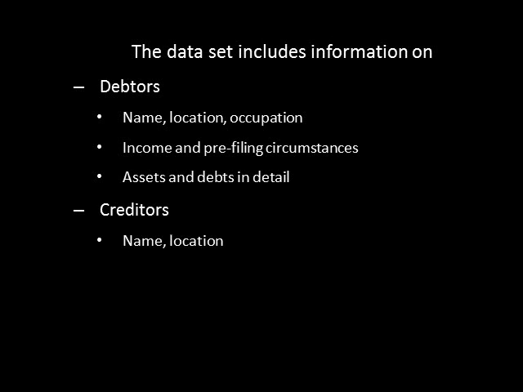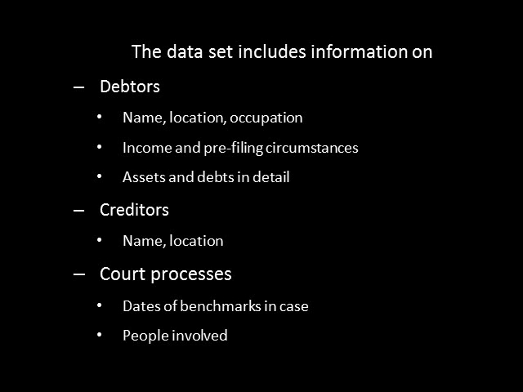We also know a lot about the creditors. We know the names and locations of these creditors, so we can figure out what kinds of businesses they are, or individuals. And we also know quite a bit about the court processes that these cases go through. So we have, for example, dates of benchmarks in the case. And we know the names of the people involved in the case.